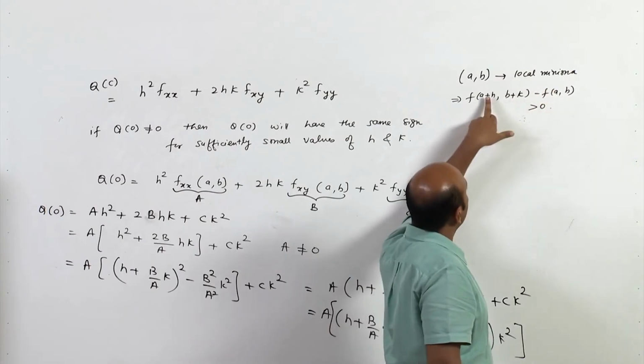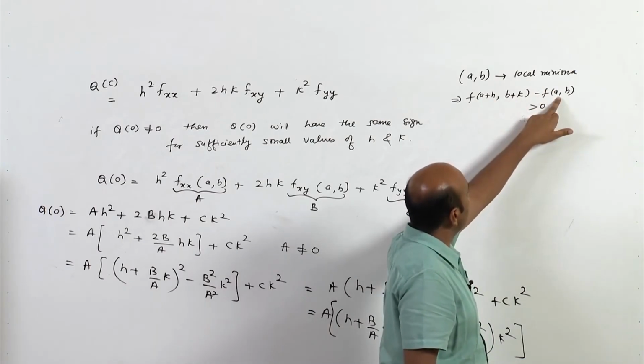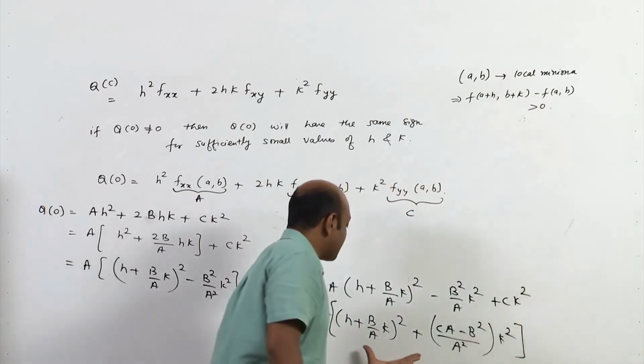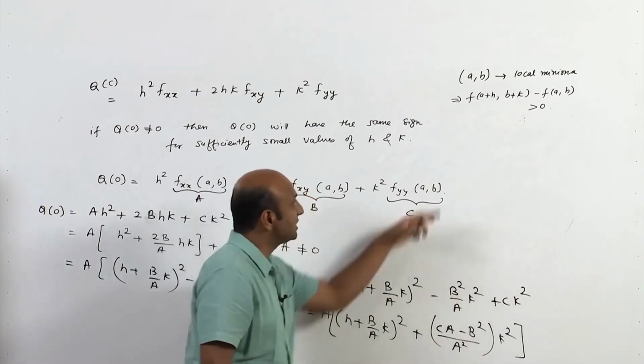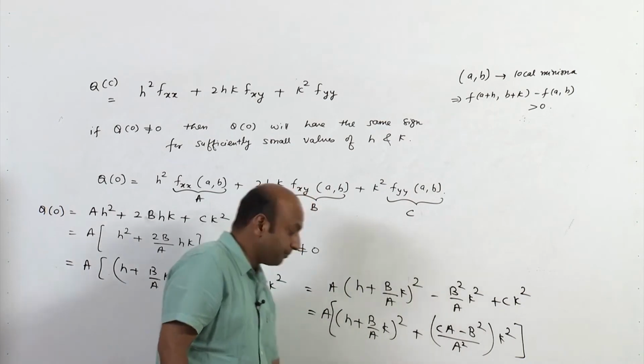That means in the point near to a comma b, the value of the function will be more than this value. So, difference will be positive. Difference will be positive means this must be positive, because this is equal to this value. Okay. So, this must be positive.